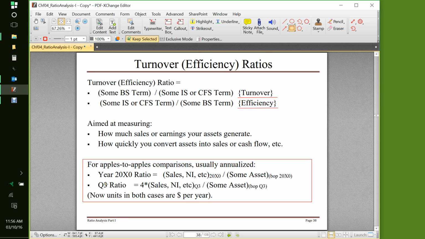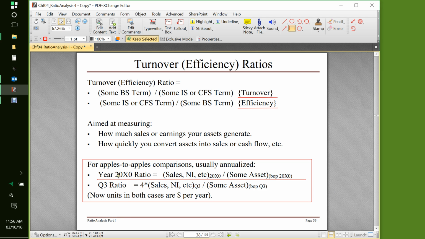So because of that, we've got to be very careful to use consistent time units, okay? And what we're going to agree to do throughout, when we have turnover and efficiency ratios, is use sales per year for our income statement or cash flow statement term, okay?